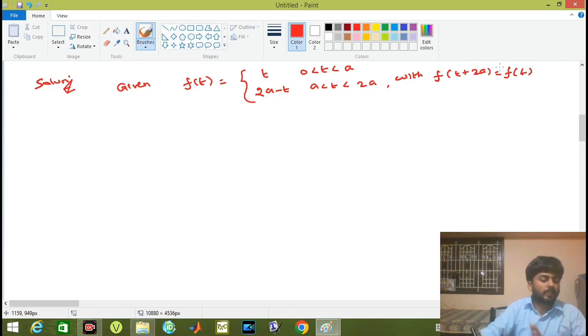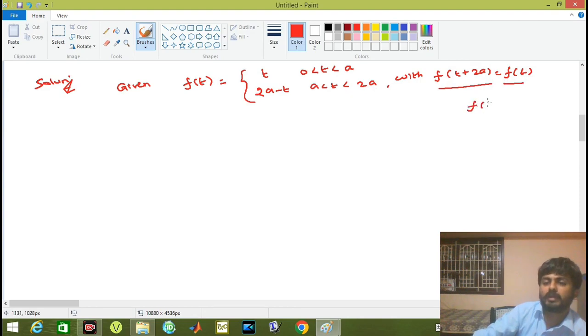This is very important. They have given the hint. If the function is a periodic function, it will satisfy f of t plus p equal to f of t. So in the place of p we have 2a, so p equals 2a.